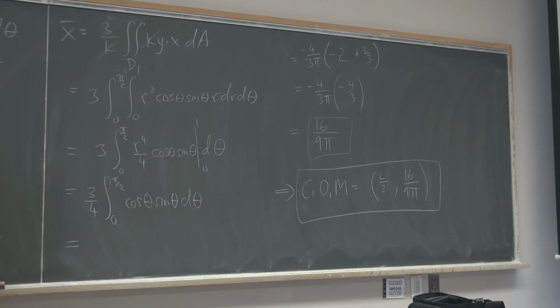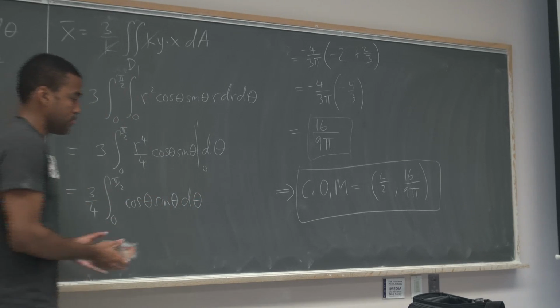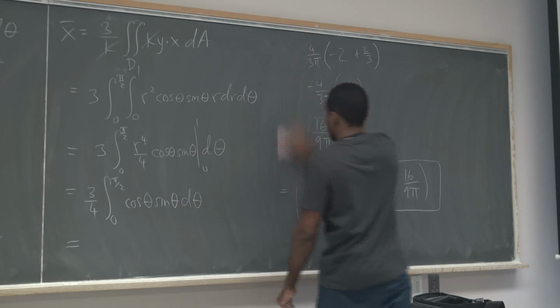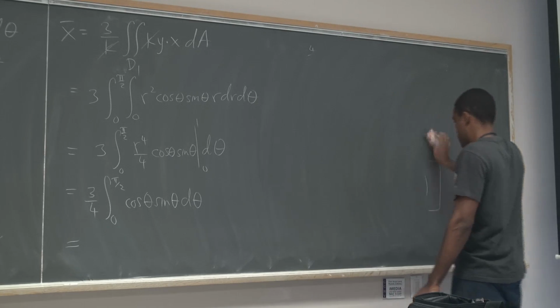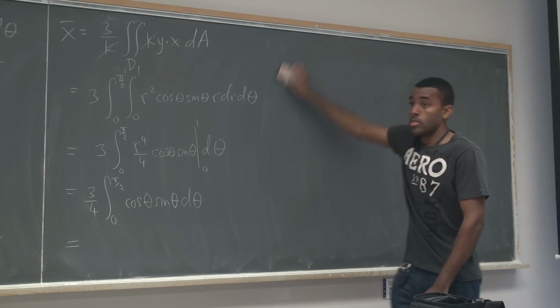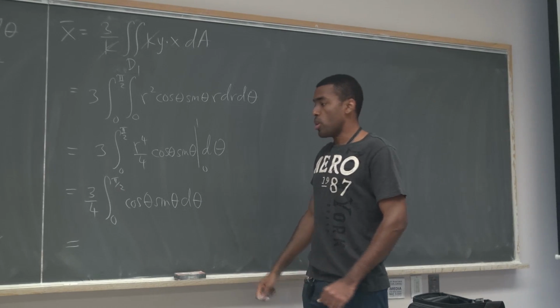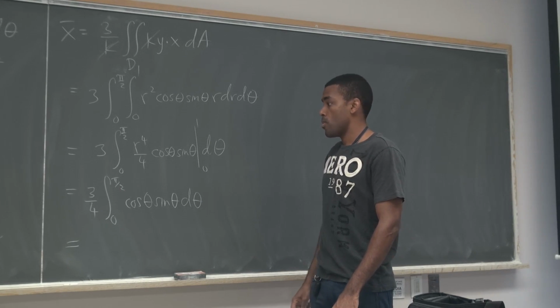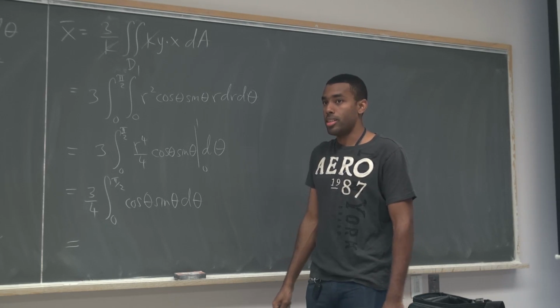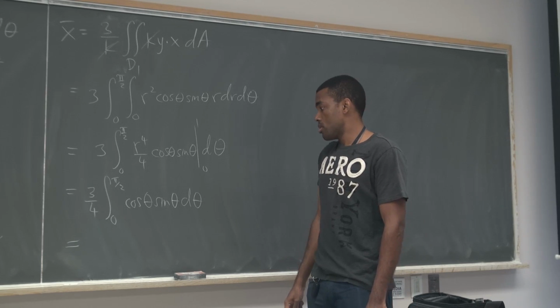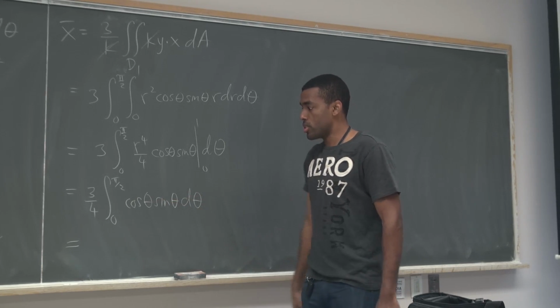How do you integrate cosine theta times sine theta? Tell me another way to integrate it. You can write this as sine 2 theta over 2.